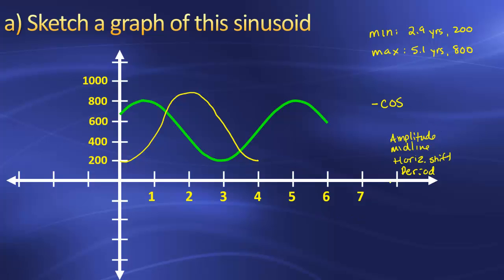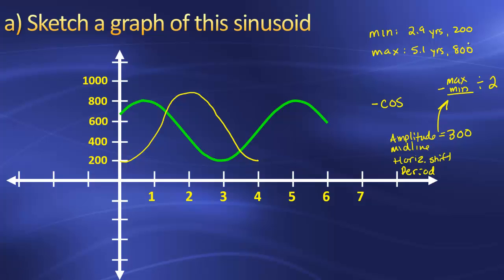Our amplitude we get from our max minus our minimum, 800 minus 200, divided by 2. Amplitude is 300.